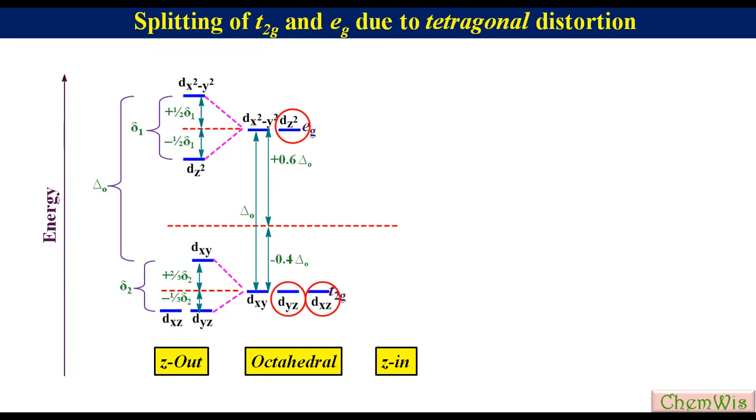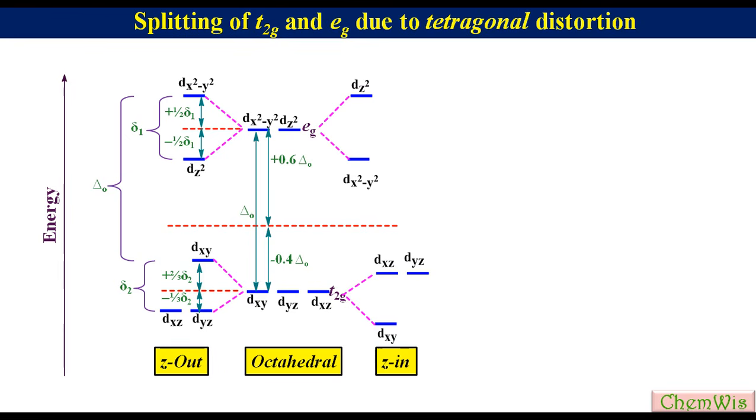As a result, these orbitals are destabilized, means their energy is raised. Because of the center of gravity rule, the orbitals without z component, that is dx square minus y square and dxy, are stabilized, means their energy is reduced.